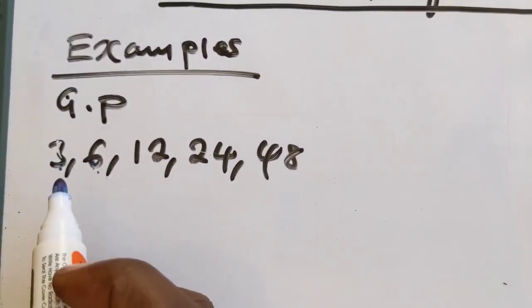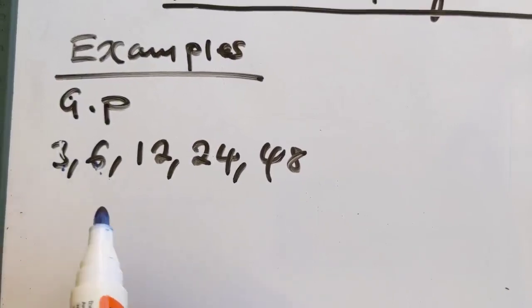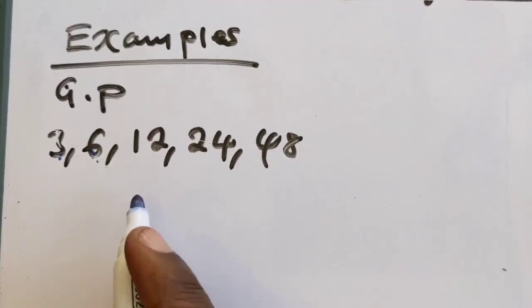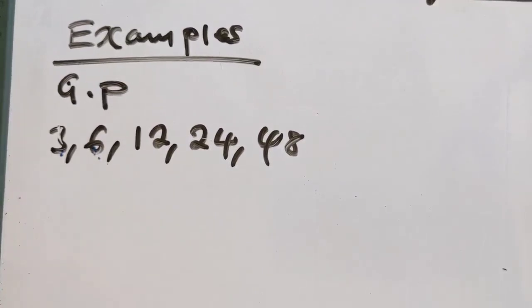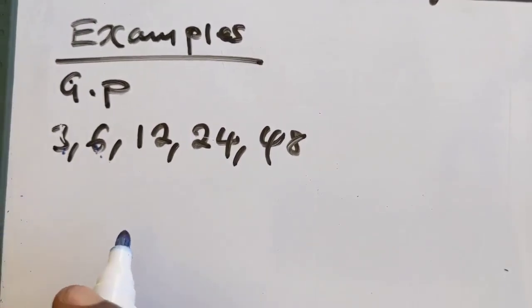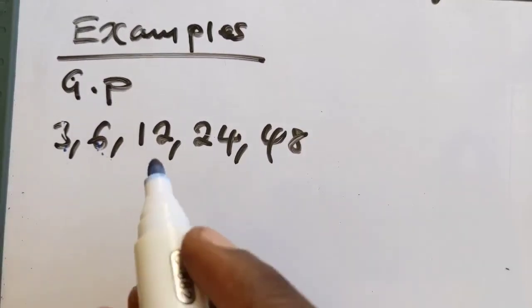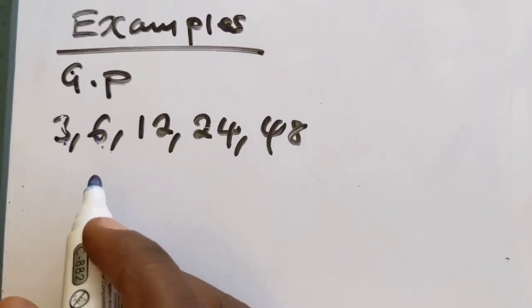Under geometric progression, you need to know the formulas. You need to know the formula for the nth term, the formula for the common ratio, and the formula for the sum.